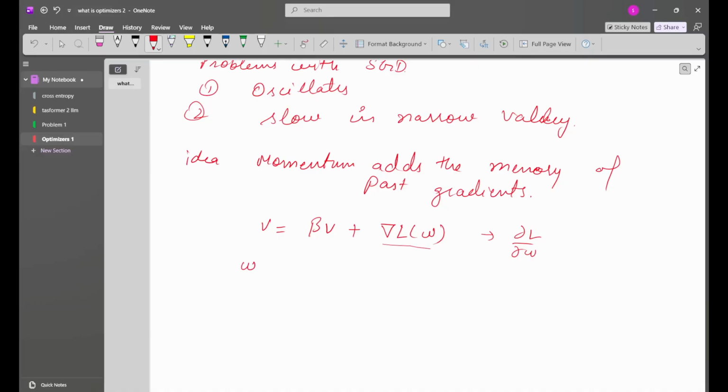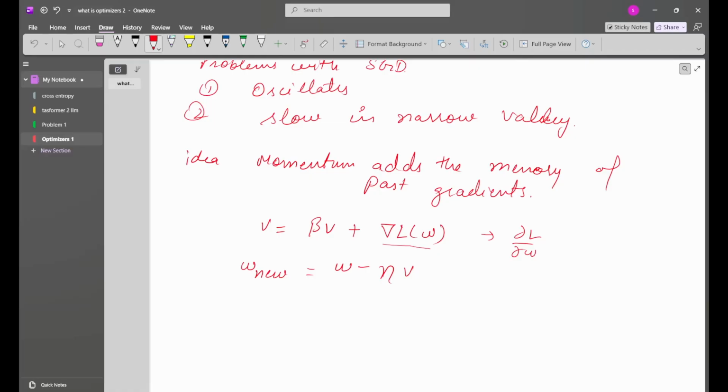And now the optimizer formula will be learning rate times v. So nothing new in momentum. Momentum uses the same core equation of optimizer, but with a velocity parameter, and momentum says that we follow the same direction of past gradients to increase the speed of our learning so that we can reach the global minima fast. That's it.